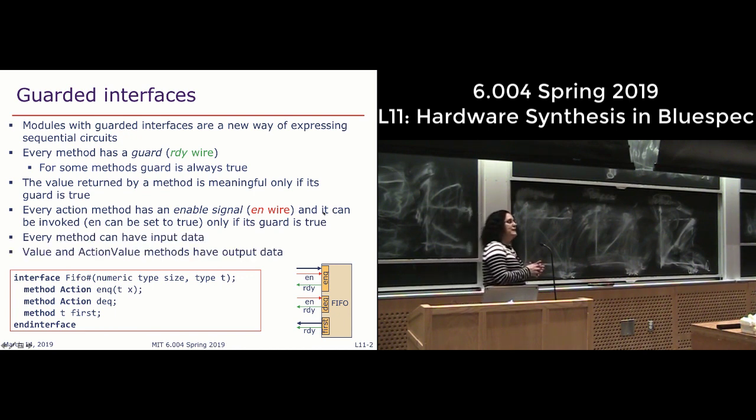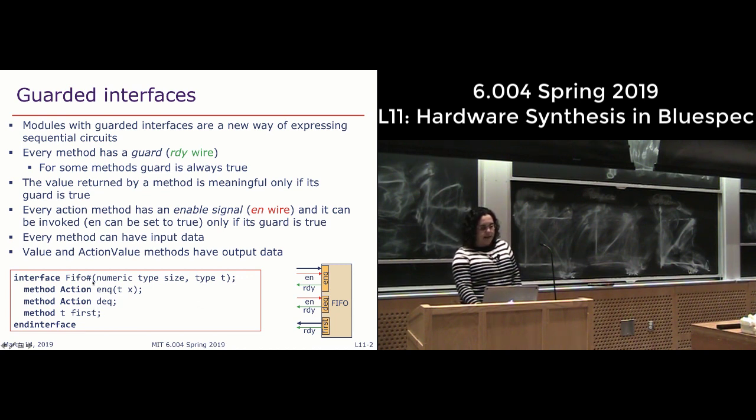And finally, every method can also have some input data, and value and action value methods can also have output data. So let's take a look at the details of this FIFO example over here and see how all of these rules apply. So as we mentioned, each of our methods has a ready signal. So we've got this ready signal coming out from all three of our methods.